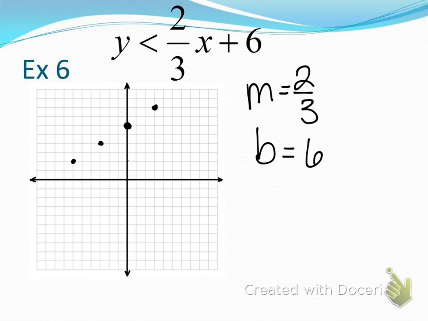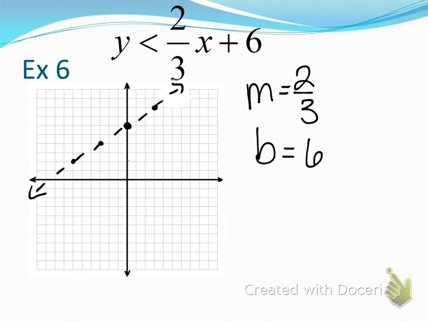Ellie, do I want a solid or dotted line? Dotted line. We do not have an equal to bar, so it stays dotted. So somehow make sure you get a dotted line in there. Dot, dot, all the way through the graph. All right, last step.